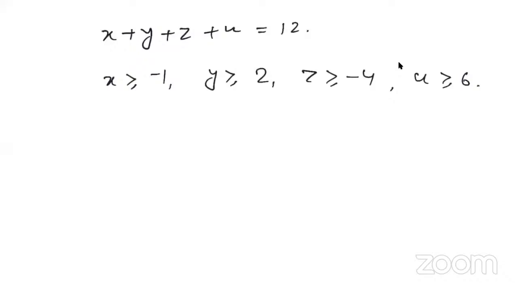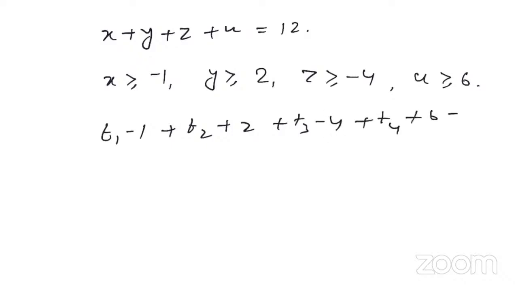So directly you can write the answer in this case also, right? T1 minus 1 plus T2 plus 2 plus T3 minus 4 plus T4 plus 6 is equal to 12.